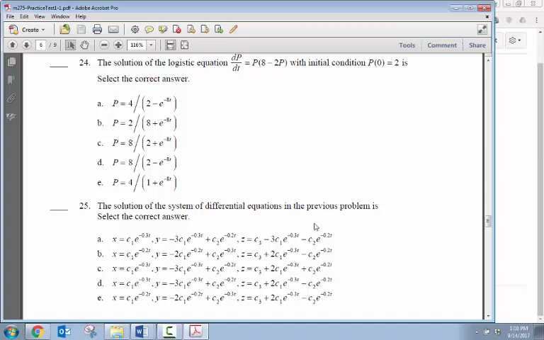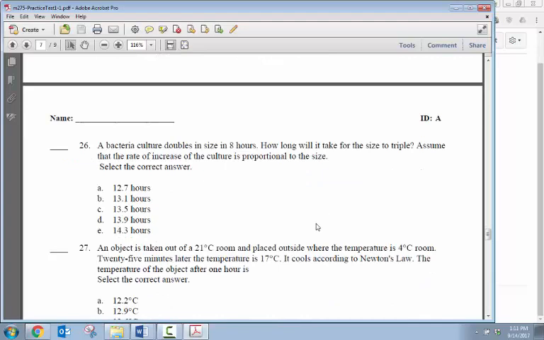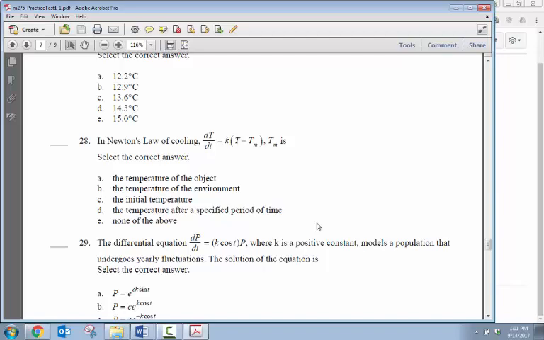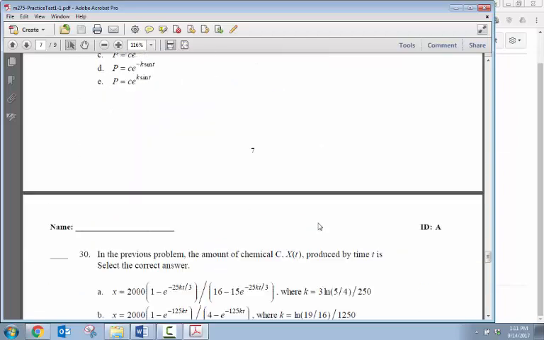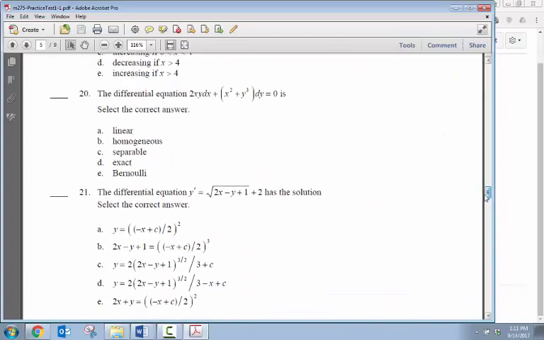Any ideas? How do we jump around? Ones that I recommend? Yeah, I guess so. We practice a Bernoulli one. A Bernoulli? Okay, let's see if there's a Bernoulli one.